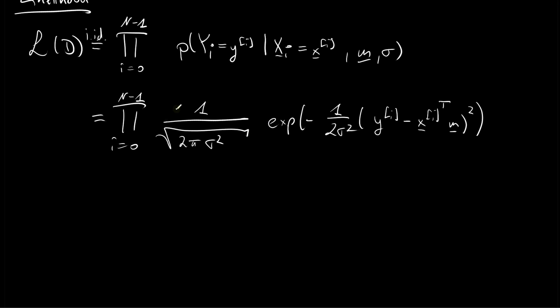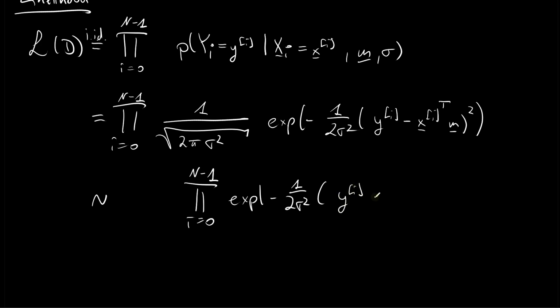And since the sigma appears in our prefactor, we can ignore that by looking in terms of the proportional and then moving the product over to the exponential. So in other words, this is proportional to the product from i=0 to capital N minus 1 over the exponential of minus 1 over 2 sigma squared, (lowercase y_i minus lowercase x_i transpose times m) in brackets squared, and then closing brackets again.